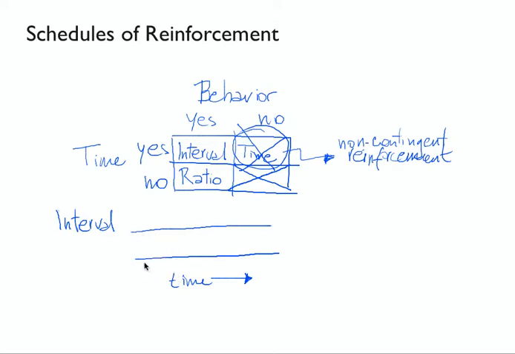Let's say this is a fixed interval. We're going to talk about what the fixed part means, but we refer to it as a fixed interval schedule, 1 minute. All right. So what this means is that the first response after 1 minute has passed is going to be reinforced. So this is where the timer starts. Typically, the timer is started by the previous reinforcer.